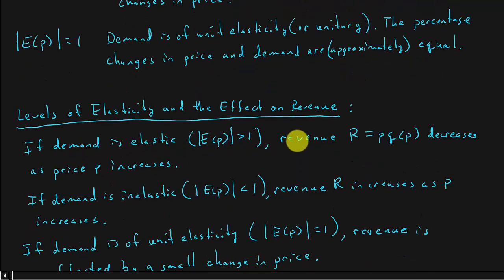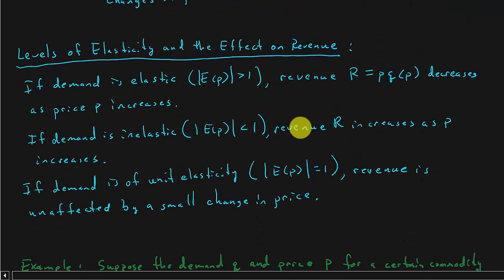And then we have levels of elasticity and the effect on revenue. If demand is elastic, where the absolute value is greater than 1, revenue, R equals P times Q of P, decreases as price P increases. Okay, so revenue decreases as price increases.